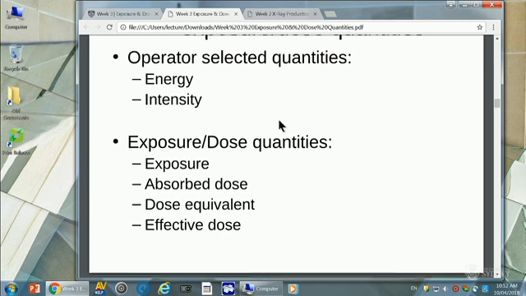These are the key ones, and we'll be going through each of these. Exposure or dose quantities, we have exposure, and then we have dose. You see dose is written in all these three different types of dose. Exposure refers really to ionization in air.